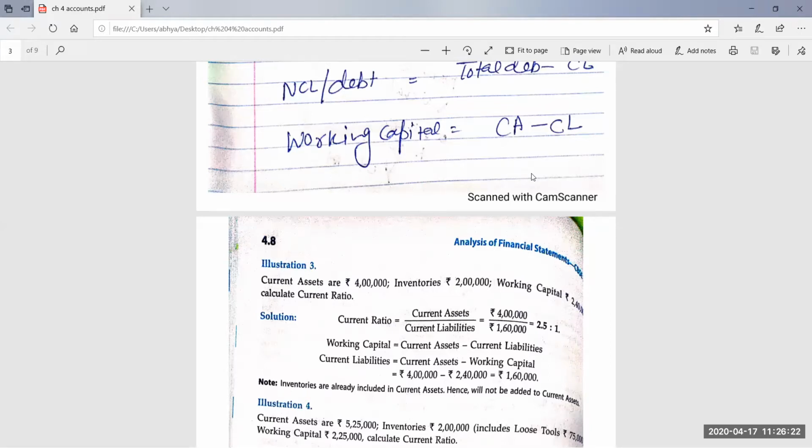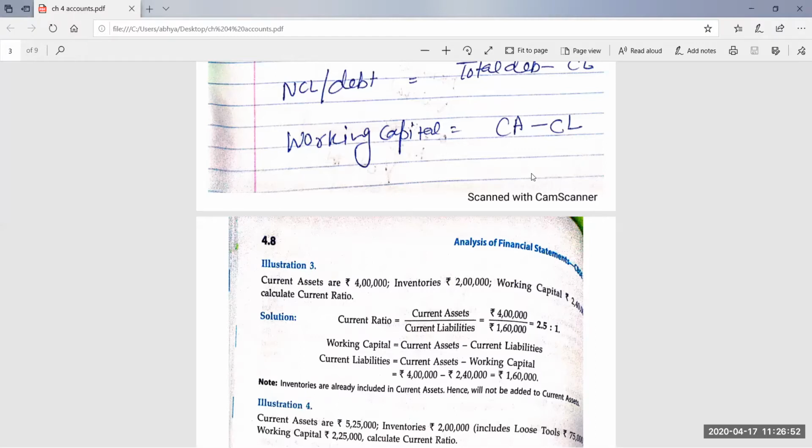Now here inventory is given. That is an extra item, you need not do anything, because when we have considered current assets, it is a whole concept. Whole concept means all the subheads of current assets are already included in it. No need to include any subhead individually when the total of the current assets or current liabilities is given.